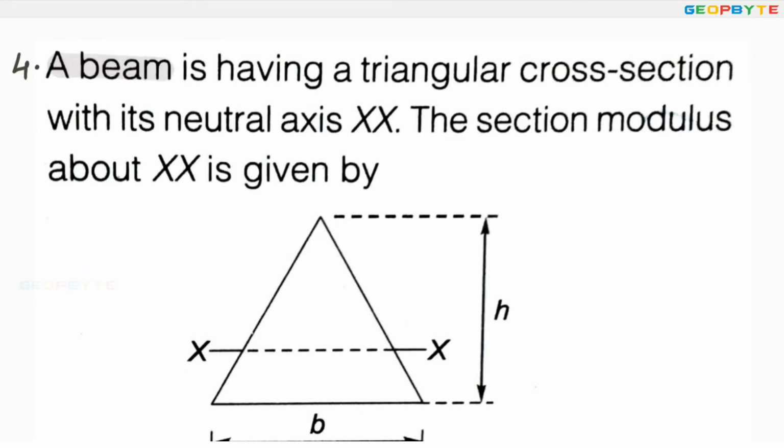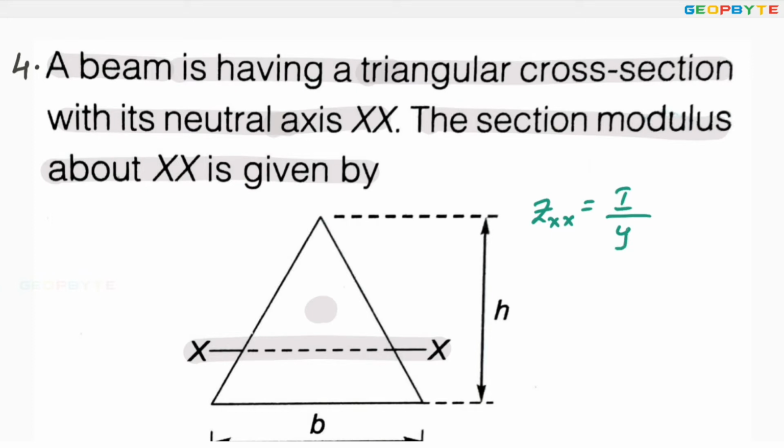A beam has a triangular cross section, diagram given, with its neutral axis xx. This is the neutral axis. You are asked to find the section modulus Z about xx. The section modulus about xx equals I by y.